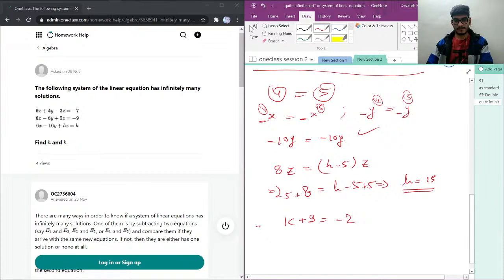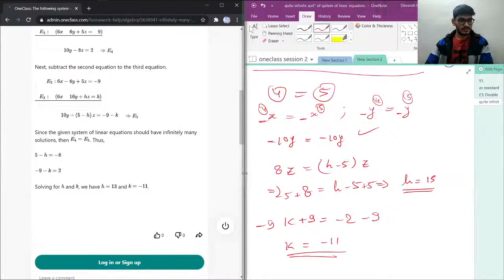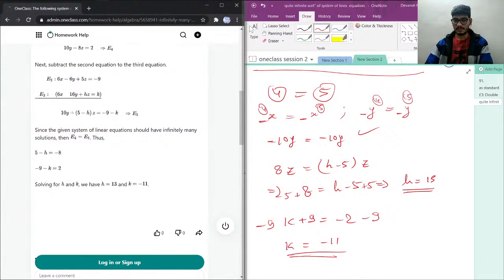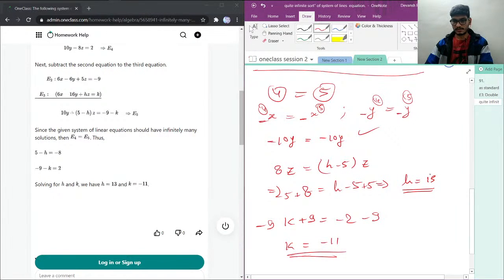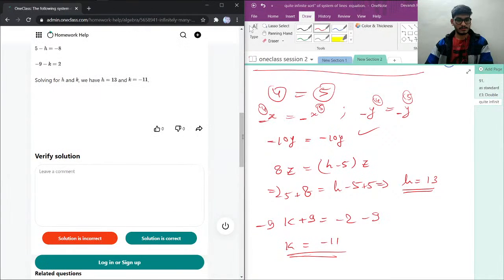So I will subtract 9 from both sides and this will be negative 11. So let us see, we have h is 13, this is 13. Sorry, I'll just rewrite it. And we have k as negative 11. So this is the correct solution.